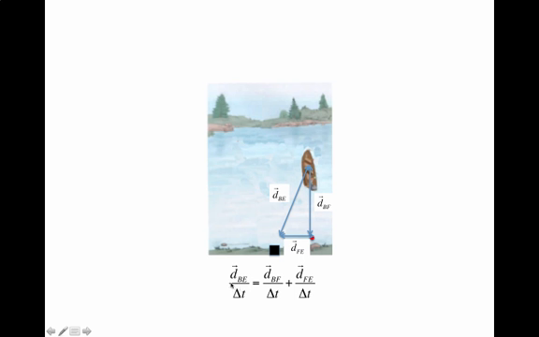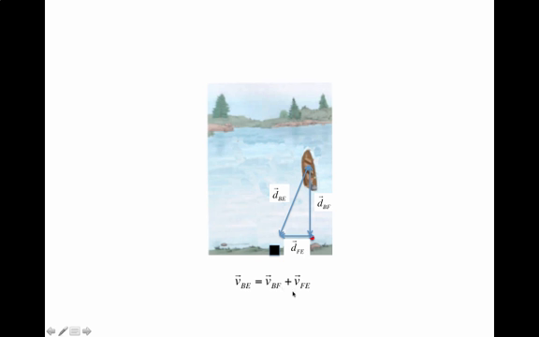If we go ahead and we divide each of those by 1 minute, which is how much time has passed by, and then we simplify, we see that when we divide displacement by time, we get velocity. And so we know that the velocity of the boat from the Earth is equal to the velocity of the boat from the floating device plus the velocity of the floating device from the Earth.